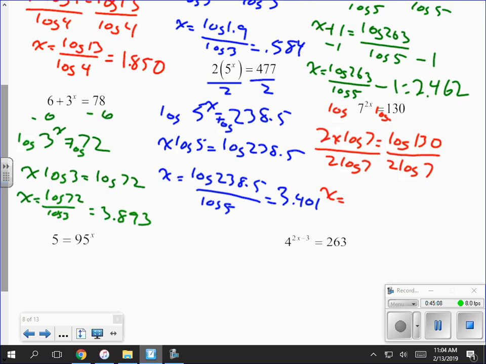So x equals the log of 130 divided by 2 times the log of 7. I get 1.25, 1.2507. Rounded off, it's 1.251. And I would probably accept 1.25.